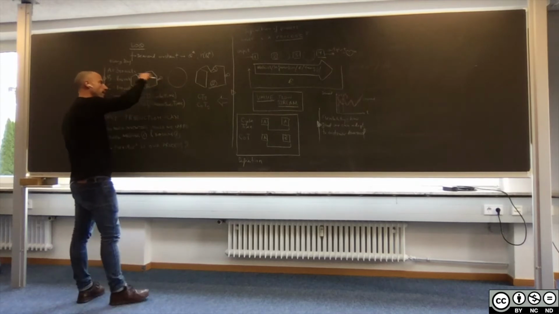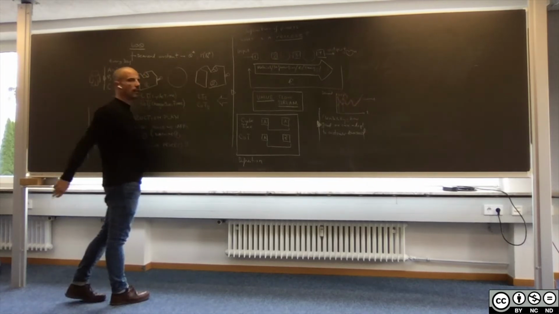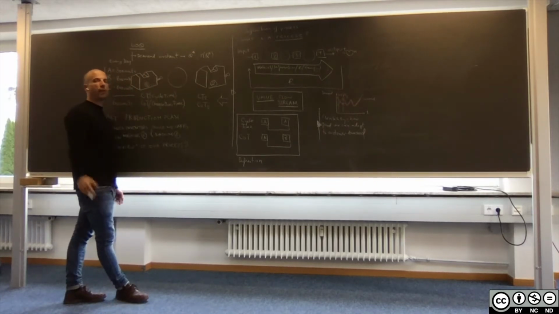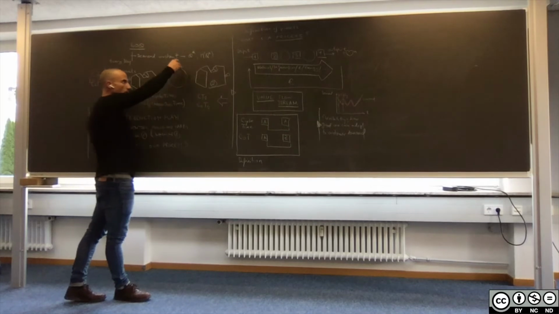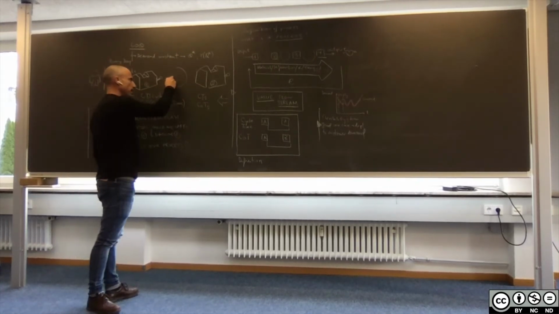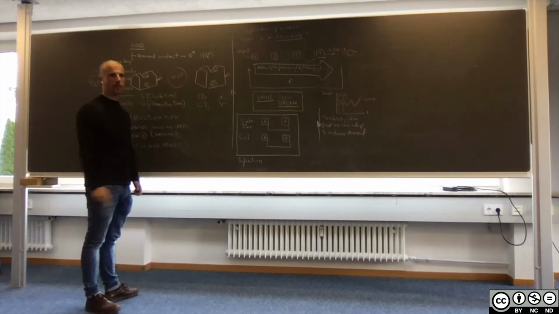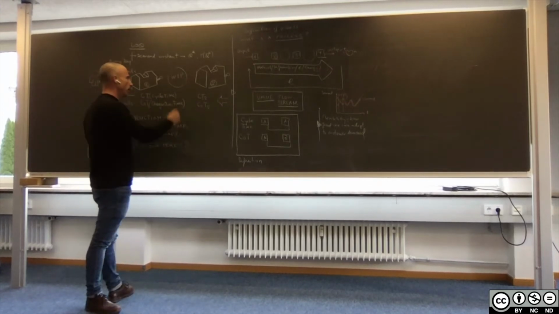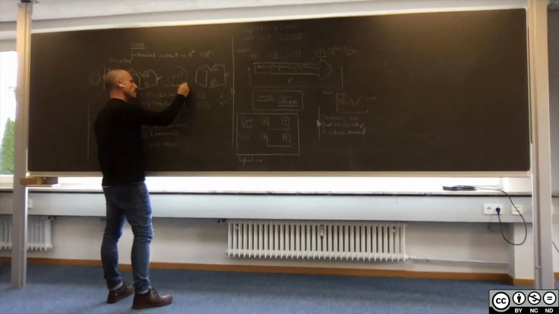If the cycle time here is 1 second and the cycle time here is 5 minutes, 300 times slower, here you will get inventory. So you will get work in progress.